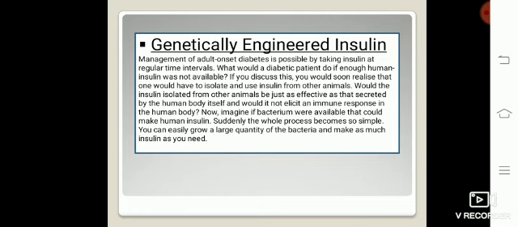Nowadays many people are suffering from diabetes, basically type 2 diabetes, in which insulin production is very low or the cells are not able to absorb glucose. Genetically engineered insulin is totally dependent on rDNA technology.